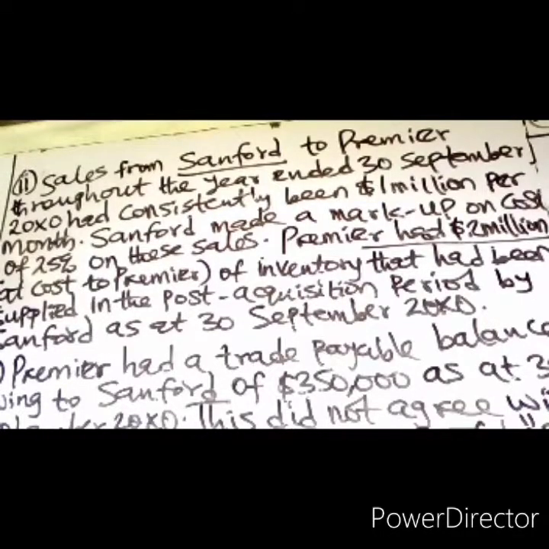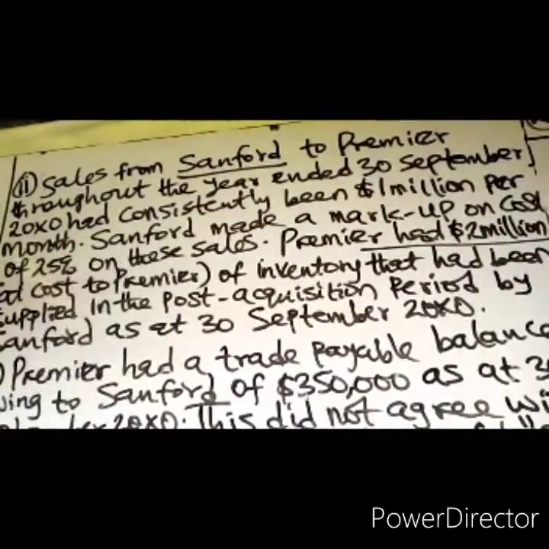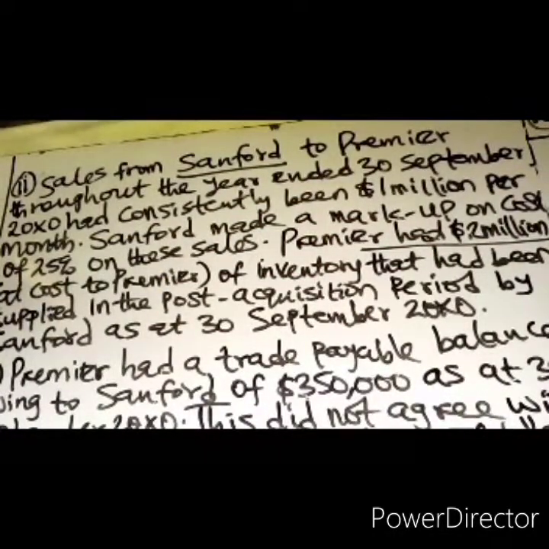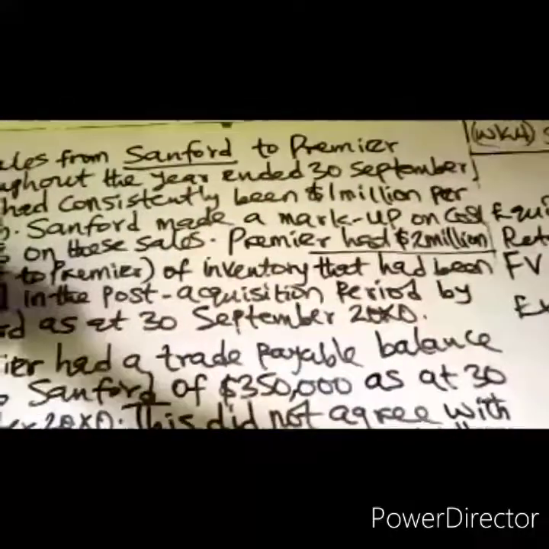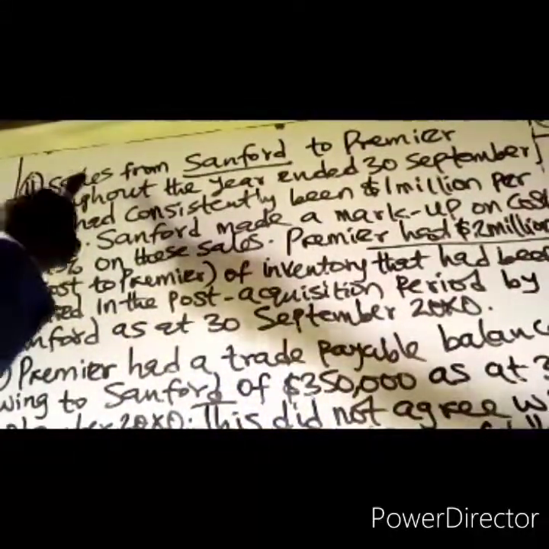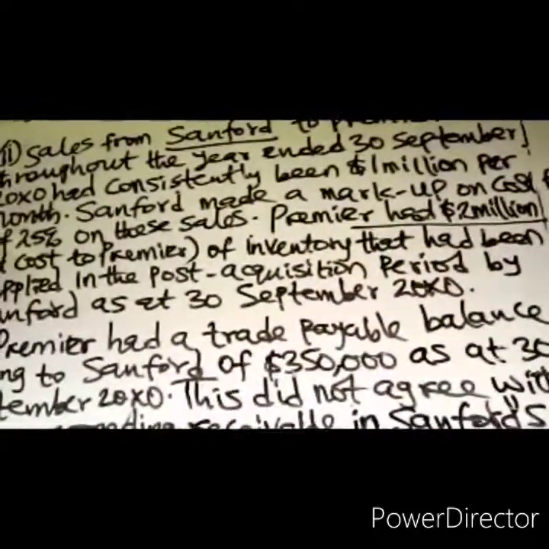Note 2. We have sales from Sanford to Premier. Sales from Sanford to Premier throughout the year ended 30th September 20x0 had consistently been 1 million per month.